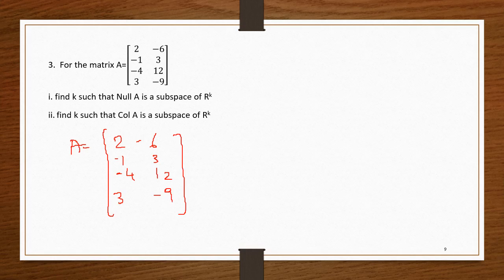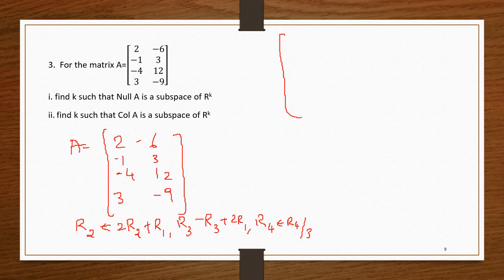So we'll write the row reduction operation. R2 is 2 times R2 plus R1, R3 is R3 plus 2 times R1, and R4 is R4 by 3. So we'll try to reduce it. After doing this row operation, we are going to get a matrix 2, minus 6, 0, 0, 0, 0, 1, minus 3.